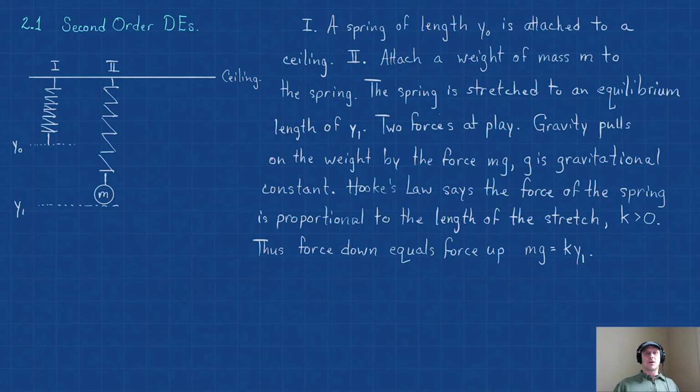Or another way of writing this, to account for direction, is that the force going down is minus m times g, and the force pulling up is k times y1. Those two forces are equal, so this has to be 0. So we can write it that way as well.